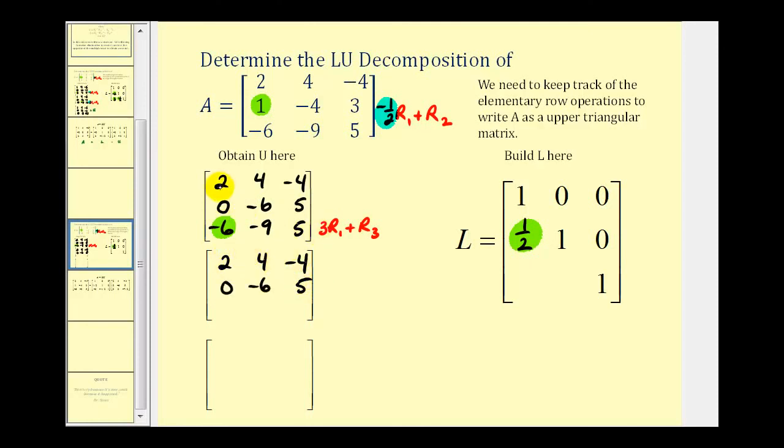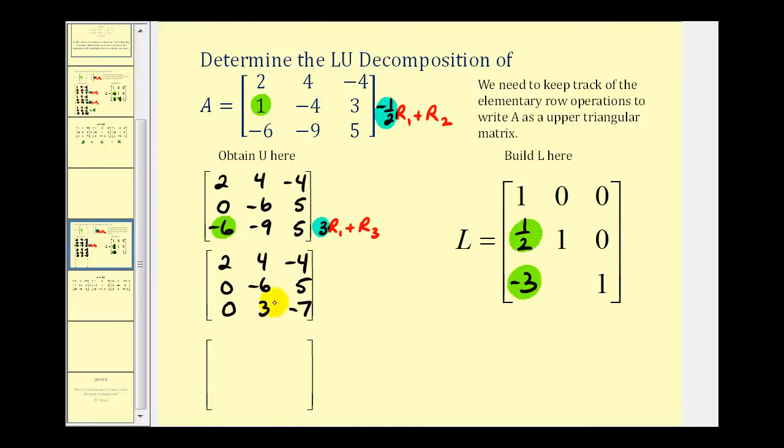Then for the third row, we have 3 times 2 plus negative 6, that's 0. 3 times 4 plus negative 9, or 12 plus negative 9 is positive 3. And 3 times negative 4, negative 12 plus 5 is negative 7. Our multiplier is positive 3, which helped us to obtain a 0 in row 3, column 1. So this position here in the lower triangular matrix will be the opposite of positive 3, or negative 3.